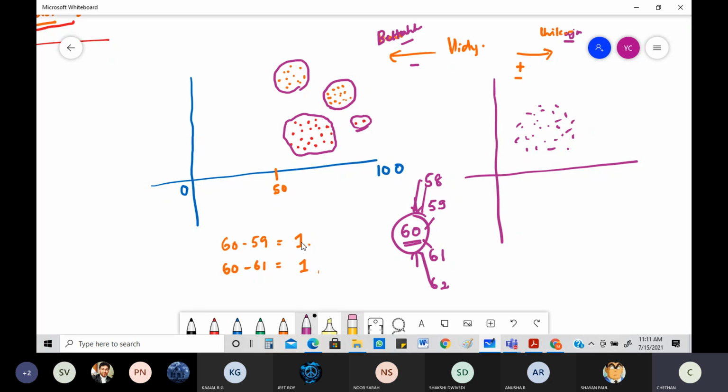In the same way, I have to get like this. So what is most important is that whatever value I get, at the end I'm going to square it. So what is going to happen? I'm going to get only a positive value. Even if it is minus 1, square is equal to 1. What is the purpose of doing this?